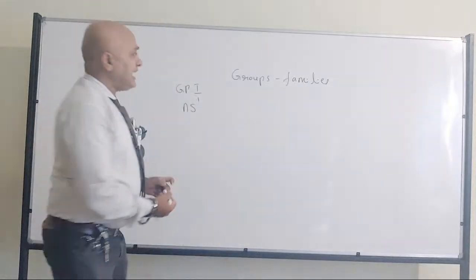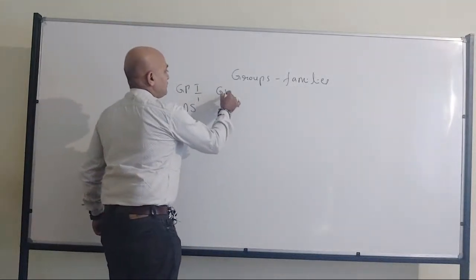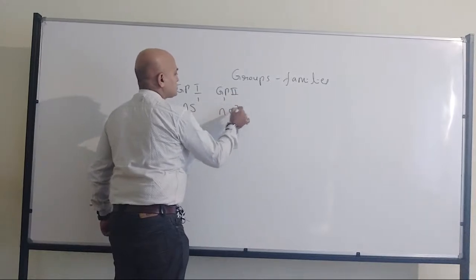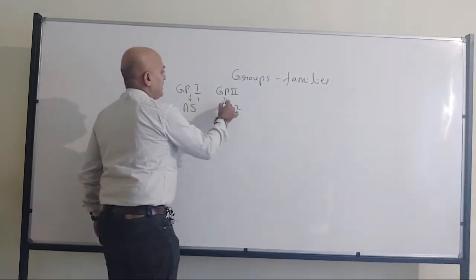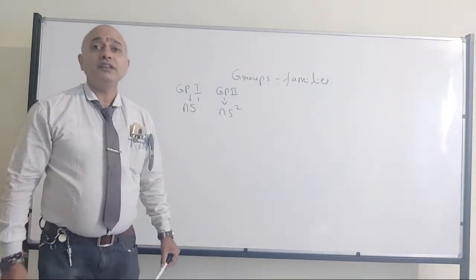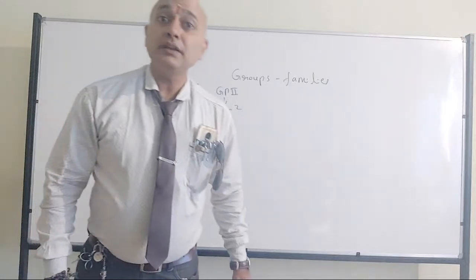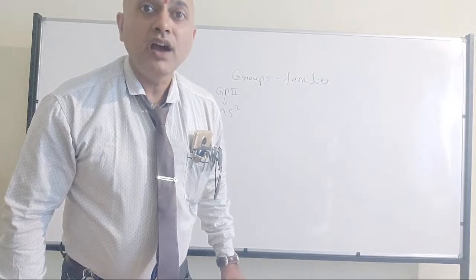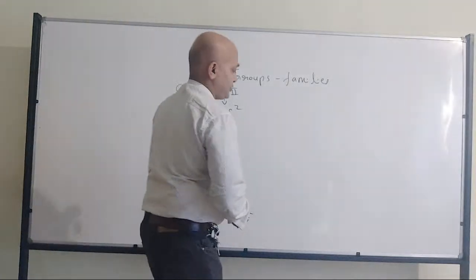If I take group 2, it will be ns2, where once again the n value will vary, but s2 will remain the same. That is because of the similar outer electronic configuration.